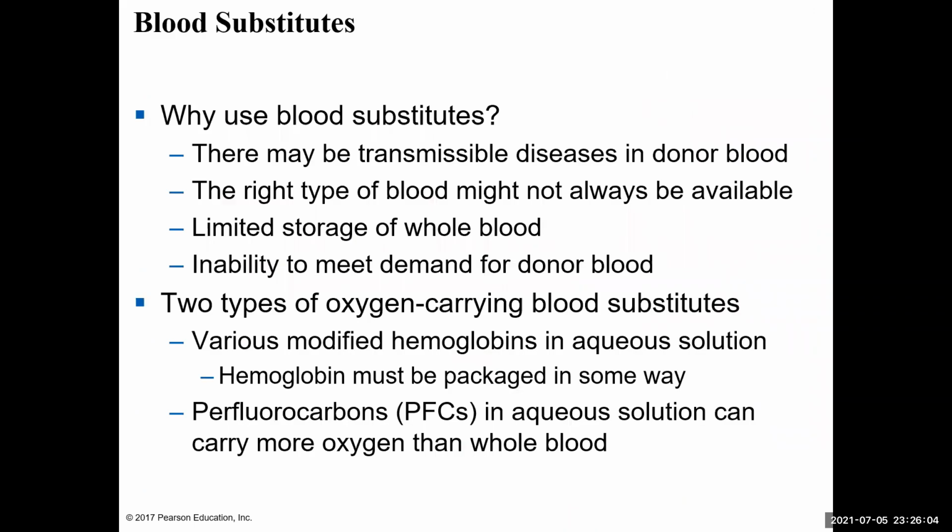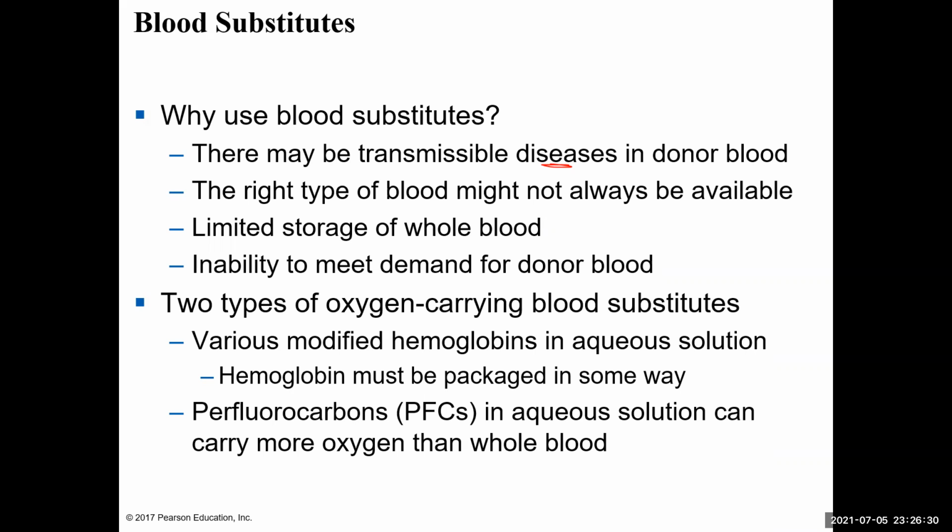Okay. There are some blood substitutes that exist, where we can use synthetic blood substitutes. These are important because we know that these don't have diseases that could exist in donor blood. So there's always the issue of potential diseases being transmitted from donor to recipient.